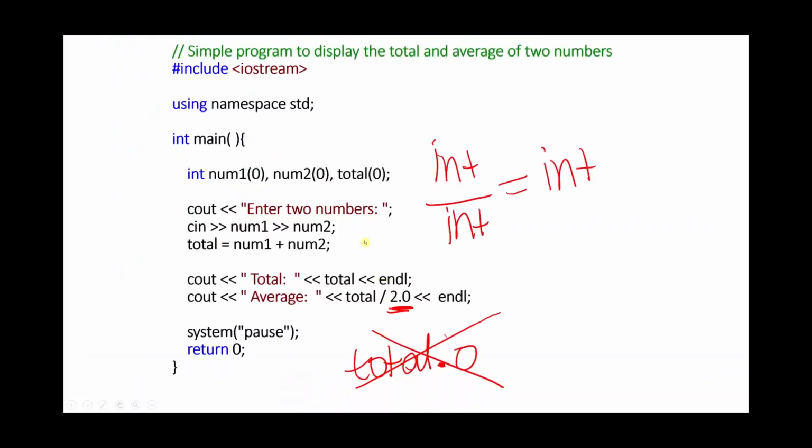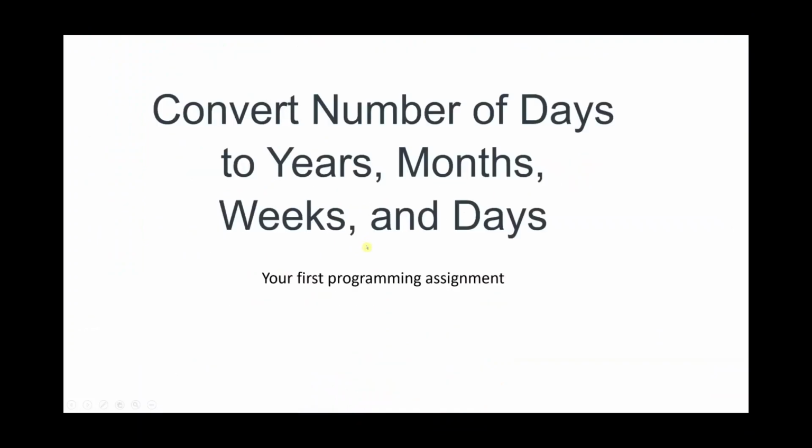Going back to our slides. Now, after this lecture, you're going to see on Canvas this program: converting number of days to years, months, weeks, and days. You're going to see that in the first module or the second module.